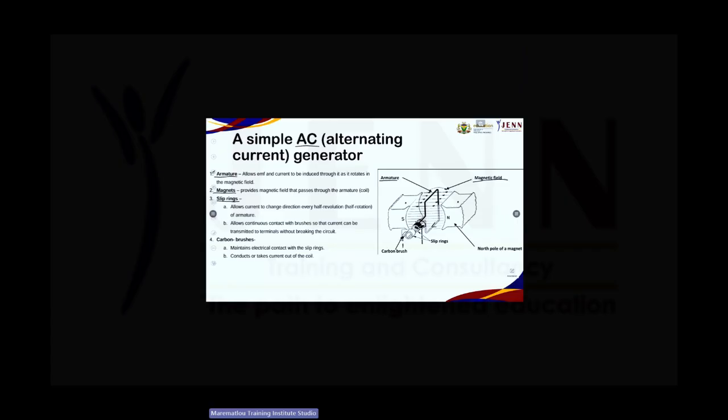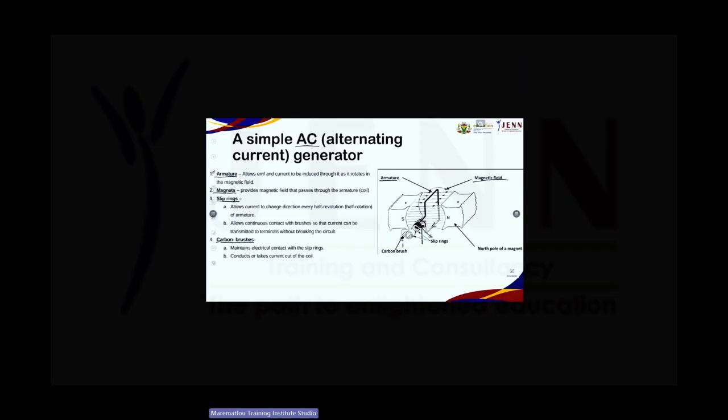external part. And then if we look at our carbon brushes, they can ask you what the functions of the carbon brushes are. These small cubes that you see there are your carbon brushes.